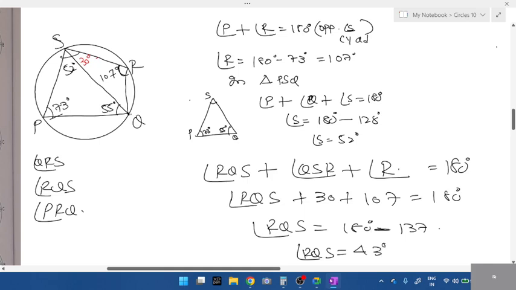43. Now PRQ. Where's the arc? Which is the arc? PRQ, right? PRQ is the other angle formed in the circumference.